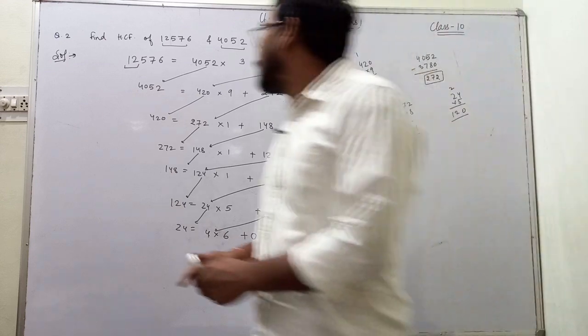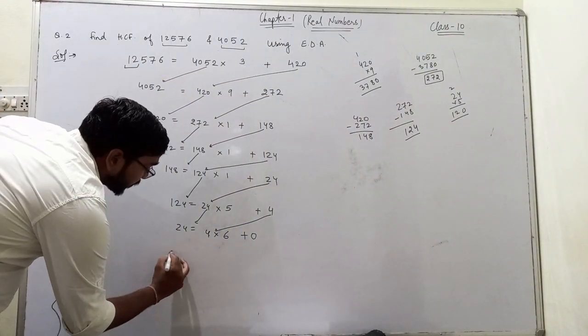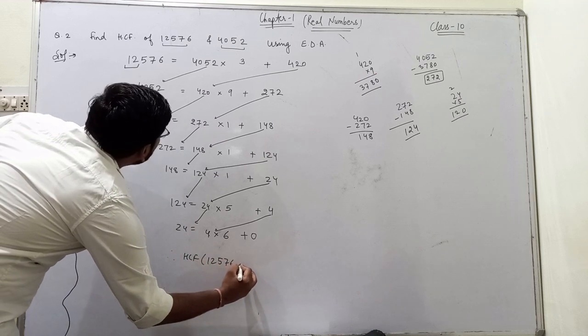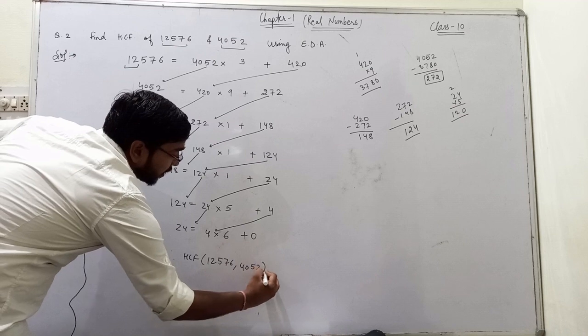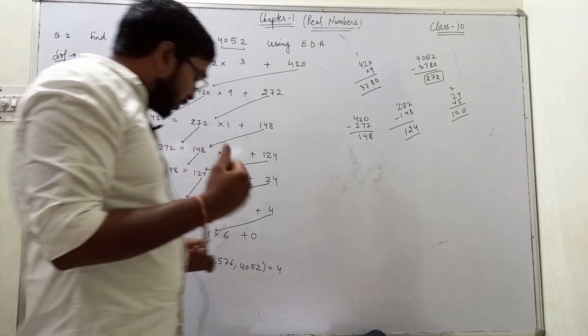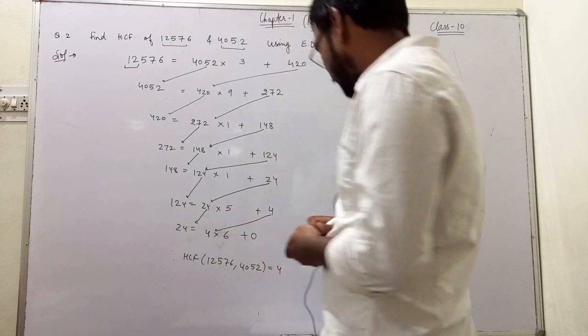So HCF of 12576 and 4052 comes out to be 4. Okay, so let us move to some more questions from this topic.